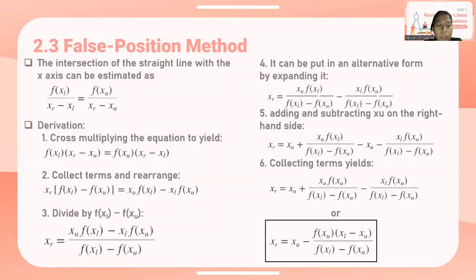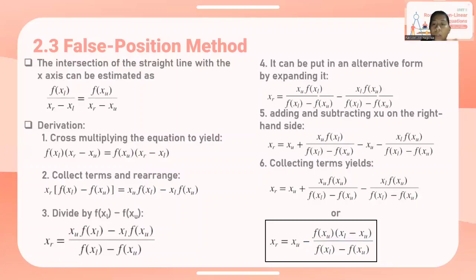Then divide by f(xl) minus f(xu). xr then equals (xu times f(xl) minus xl times f(xu)) over (f(xl) minus f(xu)).